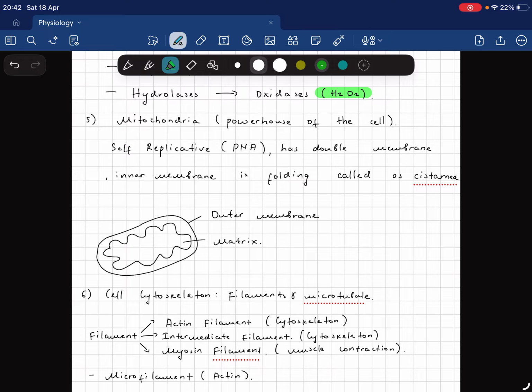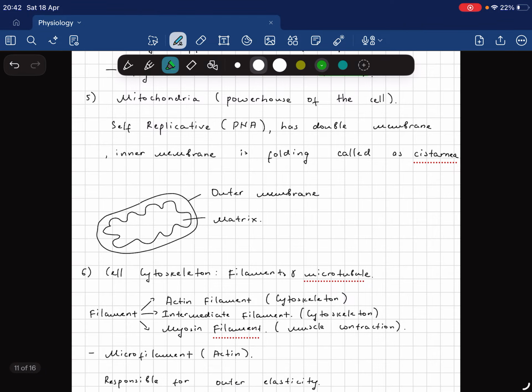And the fifth one is mitochondria. Mitochondria is the powerhouse of the cell, which you have heard maybe 100 times. This time I'm going to just explain the structure of the mitochondria. Mitochondria is self-replicative and has its own DNA, and it has a double membrane like the nucleus.